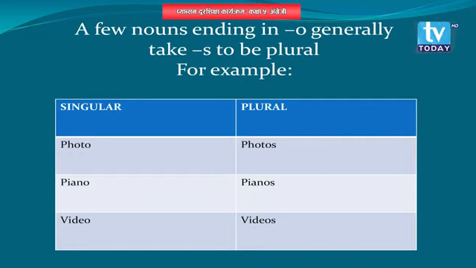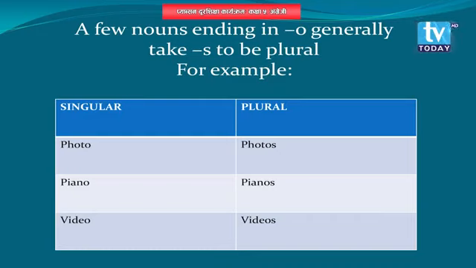There are lots of examples you can get. Some are given to you in the slide, and some more examples are video, videos, dynamo, dynamos. Dynamo is singular in number, but if we add S to it, it's plural in number.